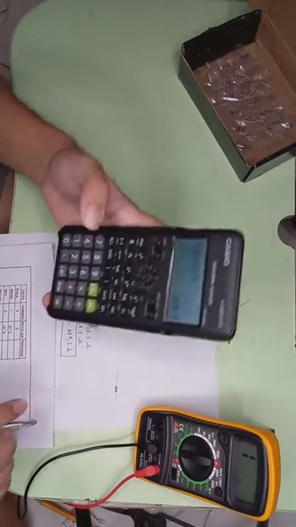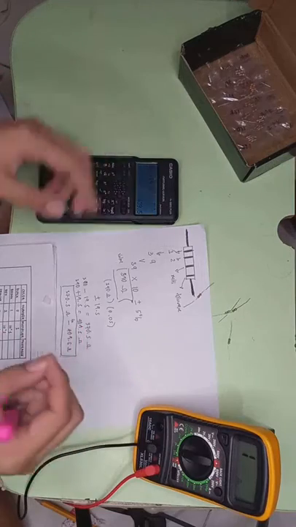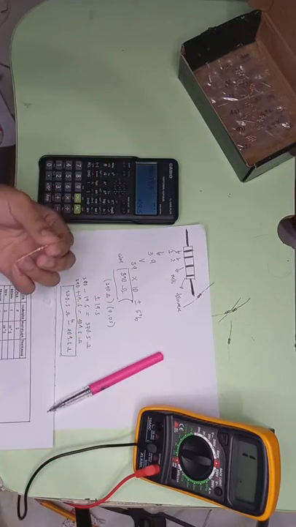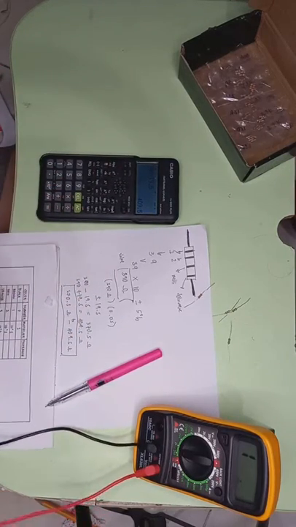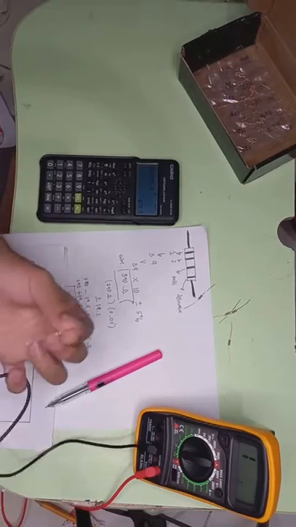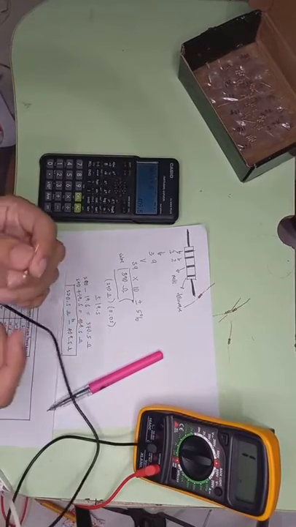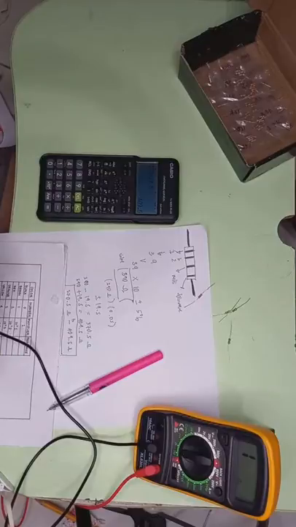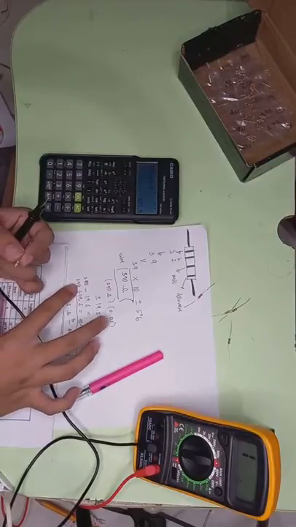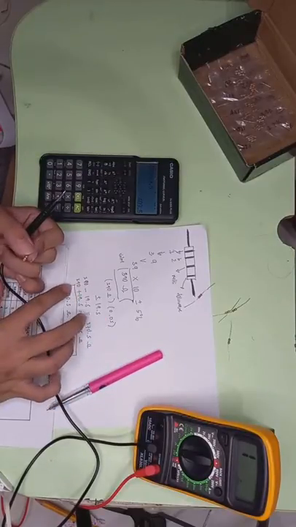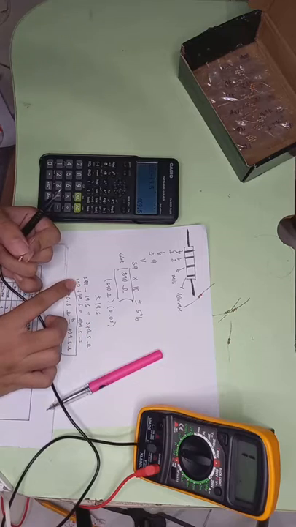Second, we need to know if it is a correct measurement, so we need to use a multi-tester. According to our computation, the value of the resistor is 390 ohms.